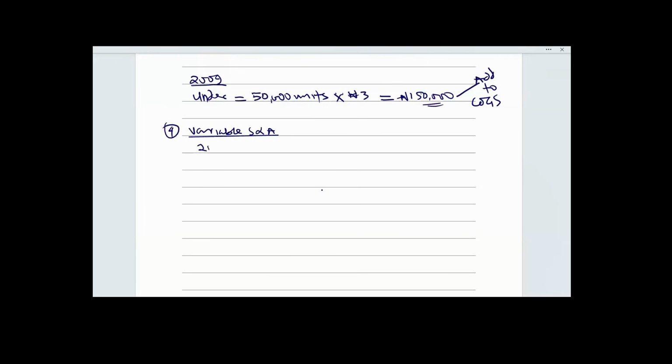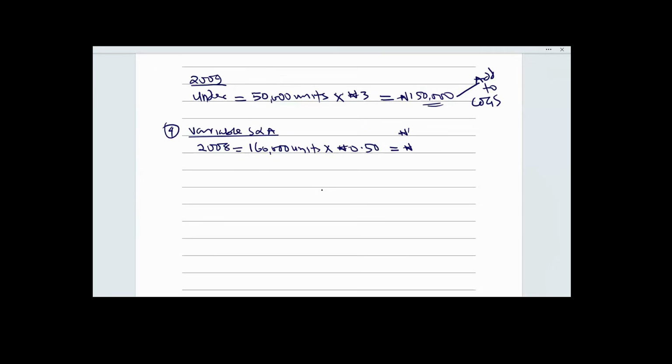In 2008, we are told it is calculated as 50 kobo per unit. In 2008, how many units were sold? 160,000 units were sold. This is units sold multiplied by 50 kobo. 50 kobo is the same thing as 0.5. All right. So this will give us 80,000 naira.